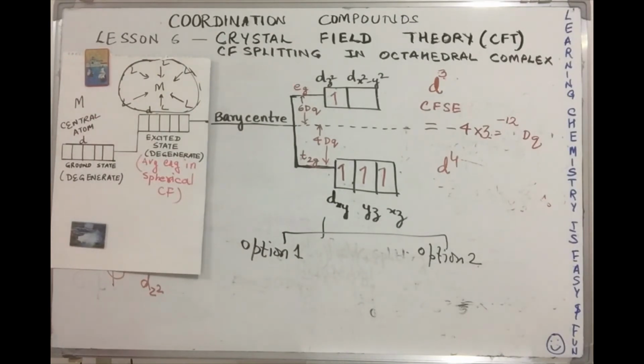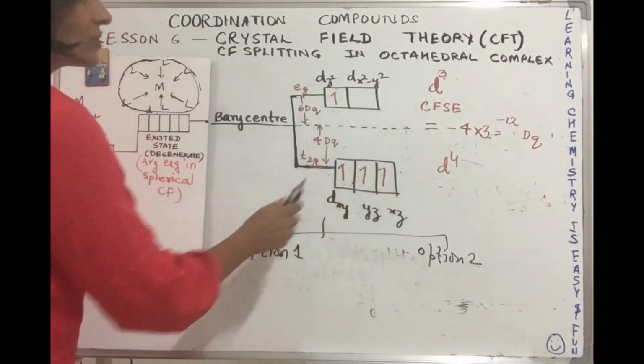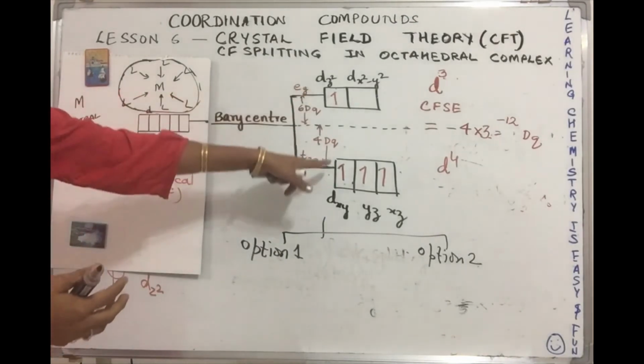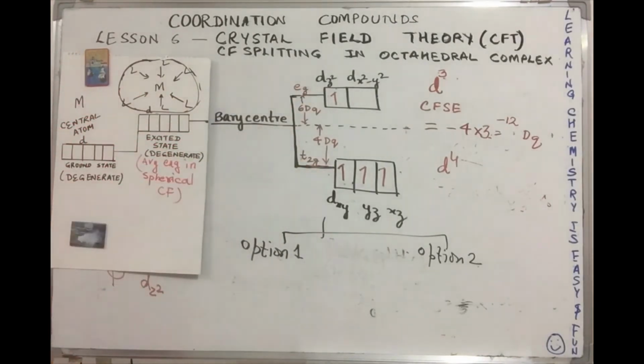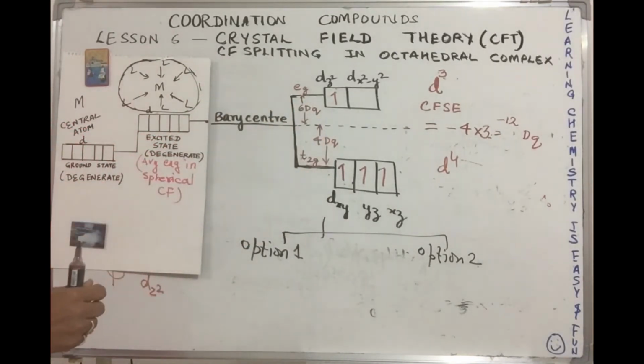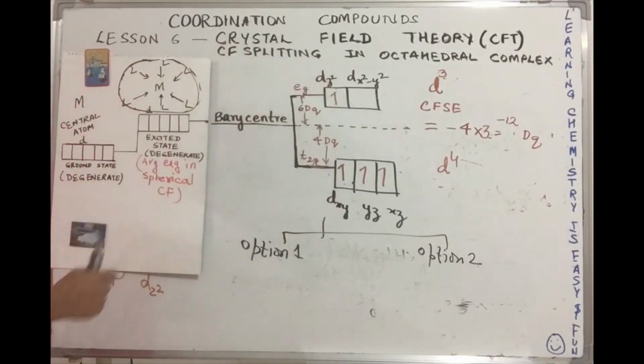Right? When will this happen? That means these electrons are not allowing it to pair up. They're very unfriendly. They say, we don't want to make friends with you. You go away from here. So this has no option but to go into the higher energy level.